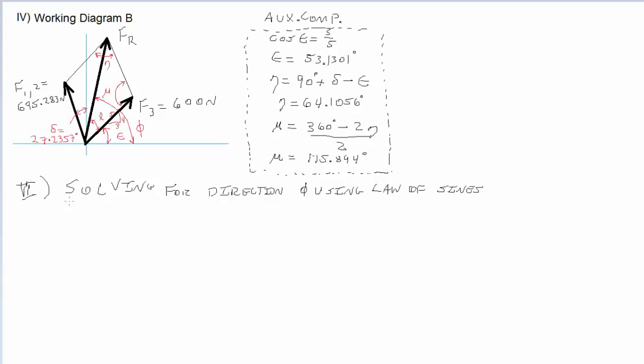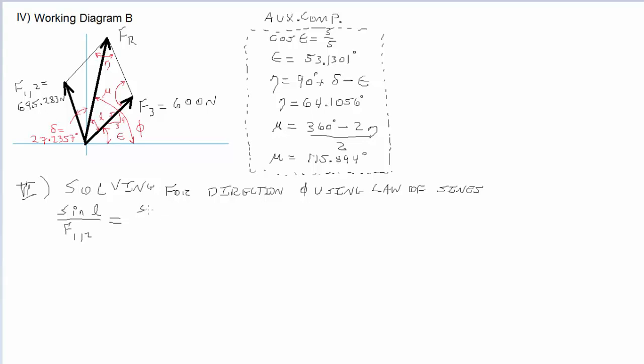So for that particular calculation, we can say that the sine of lambda, and looking at lambda, what's the opposite side? We'll draw a line straight out of that angle, and you will see the opposite side is the projection of F1,2. That equals, what side angle pair do we know? We know FR and its opposite angle, which is mu.